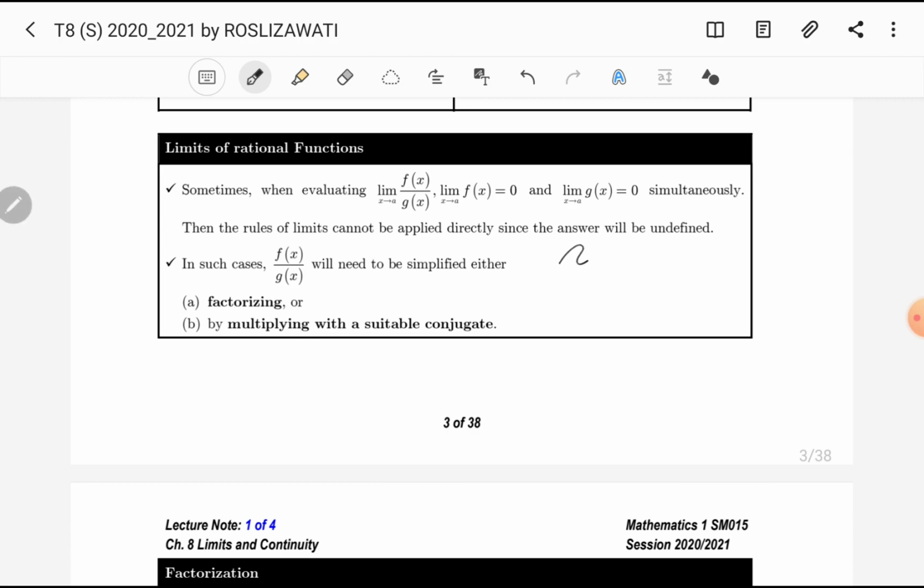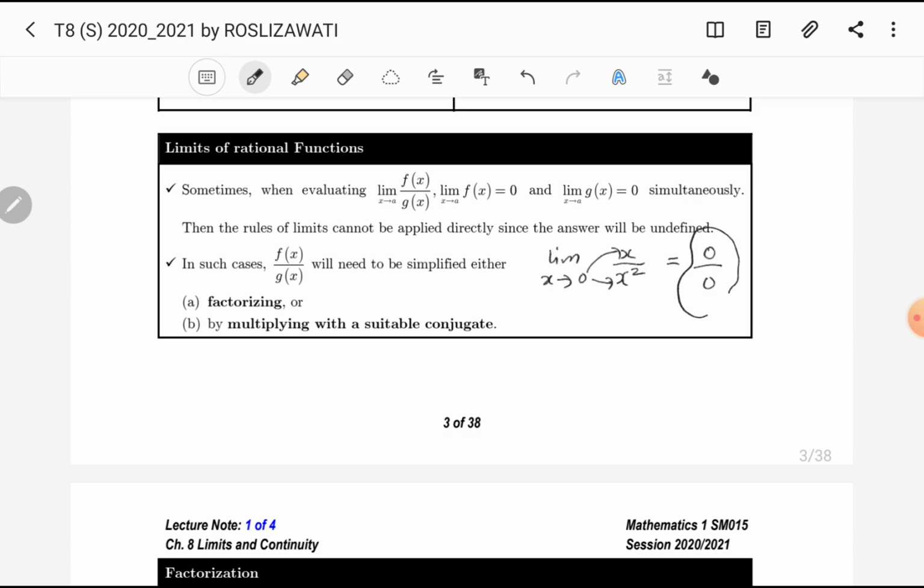For example, let's say limit x approaches 0, and we have x over x squared. If we substitute, we will get 0 over 0.